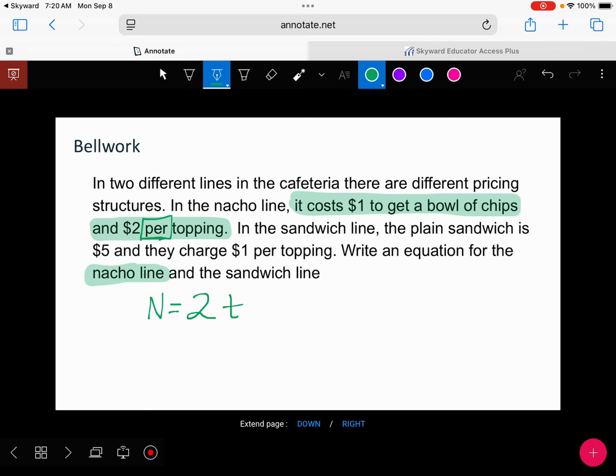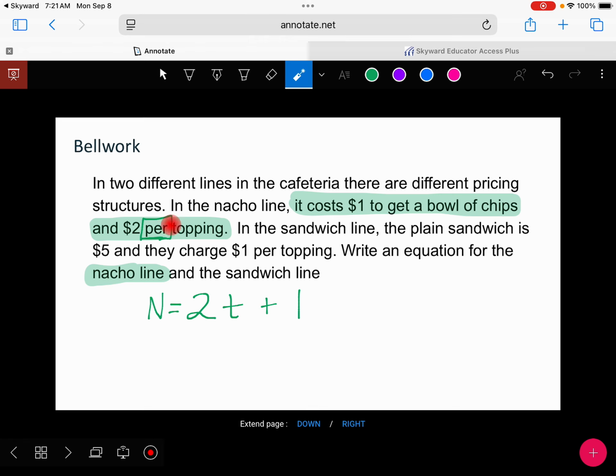But then I also have to get a bowl, otherwise I'm just going to carry a handful of cheese somewhere, and that would be generally kind of messy. I need a bowl. They should not give me just a handful of cheese. So we also need to get the bowl, so what are we going to do with the 1? Plus the 1.